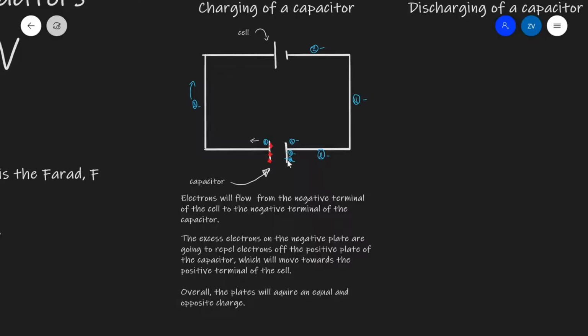There are going to be some excess electrons that gather on the negative plate, and those are going to repel some electrons off the positive plate of the capacitor, which are going to move towards the positive terminal of the cell. Overall, the plates are going to acquire an equal and opposite charge.